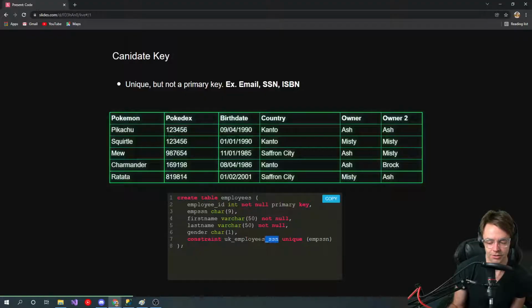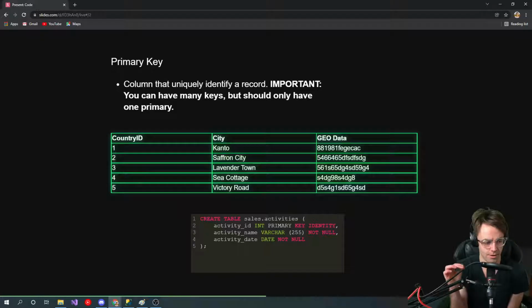This is the constraint name, and this right here is where you're going to actually pass in the column. So candidate keys are important to know, but if you don't pay attention to anything else in this whole video, pay attention to the primary key and the foreign key part.